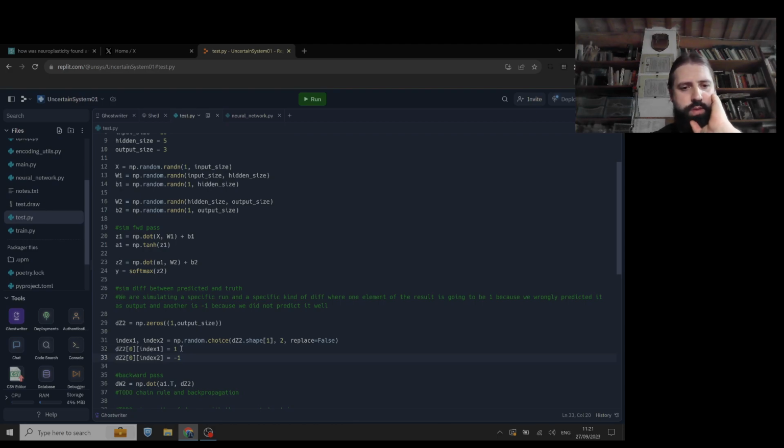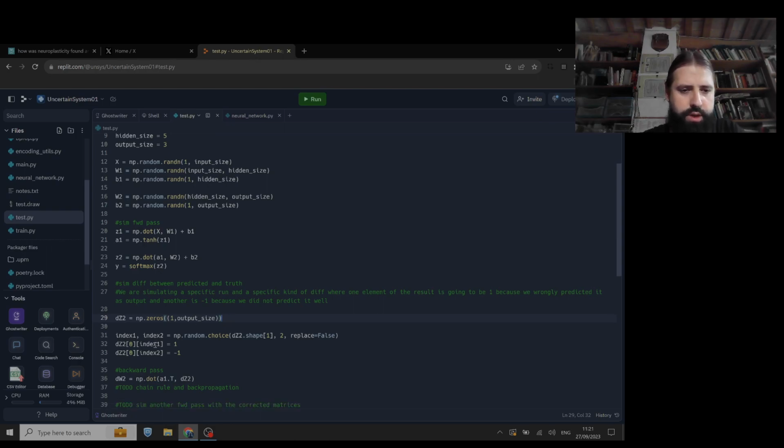But that's not all we want to do, right? We should just simulate an output. If we want to simulate an output, we're not going to call these a tool.